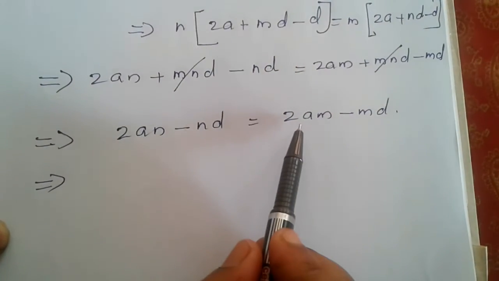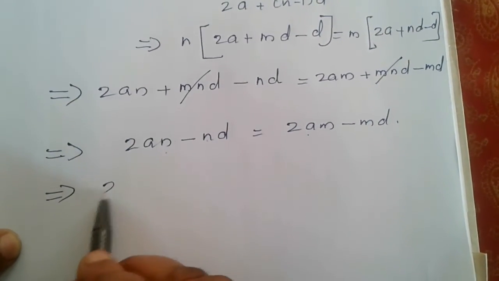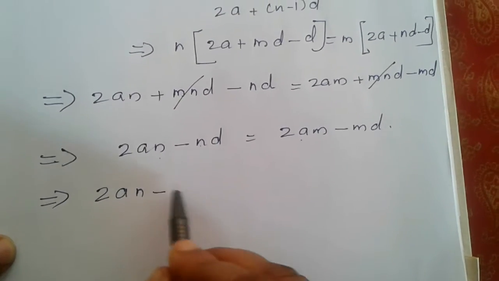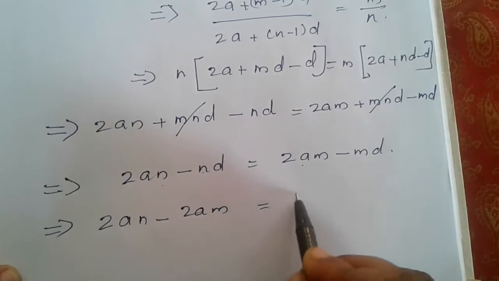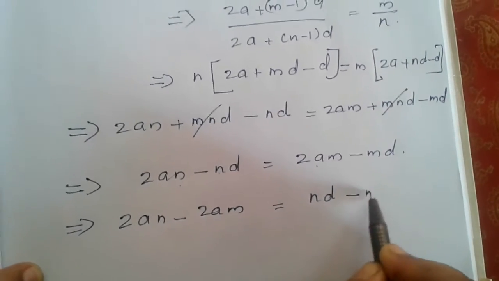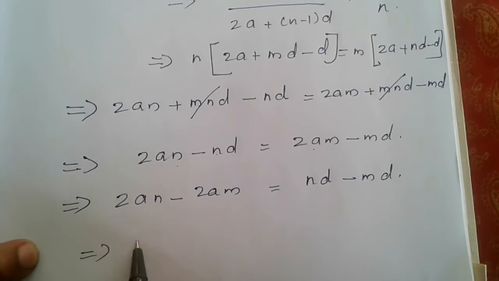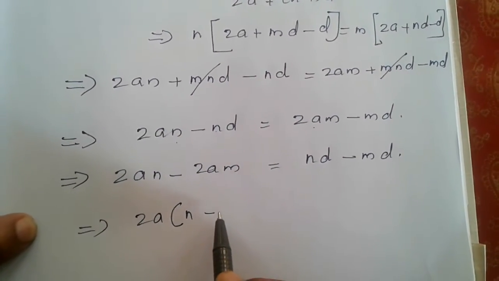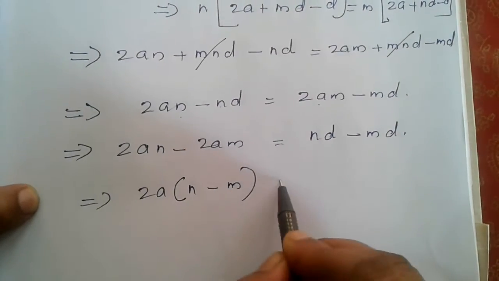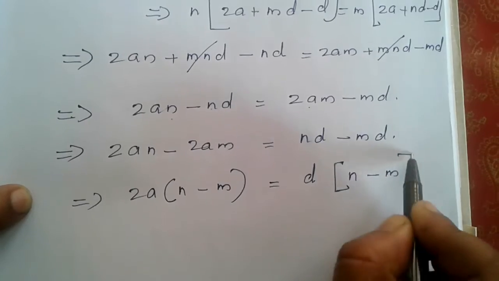Now grouping. 2am comes this side, nd is taking the opposite side. So 2an minus 2am equal to nd minus md. The 2a is a common factor, we are taking out 2a into n minus m equal to d, taking common factor d into n minus m.